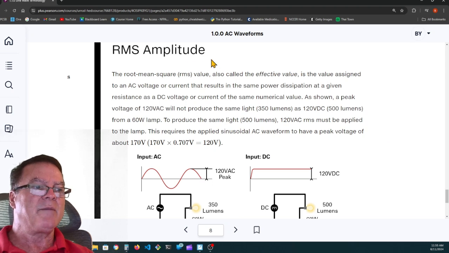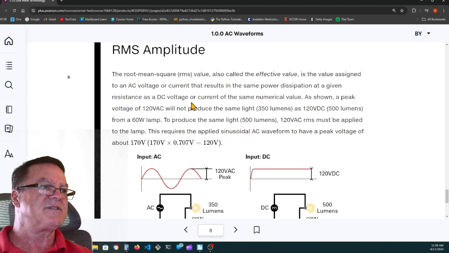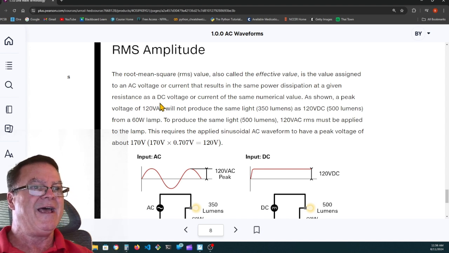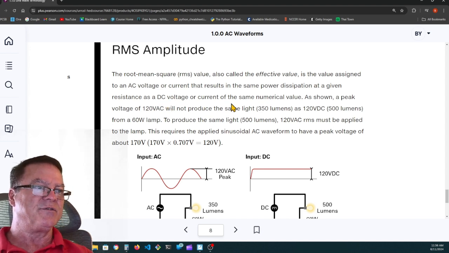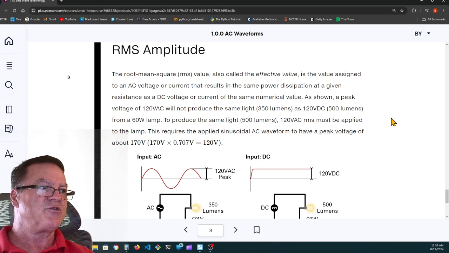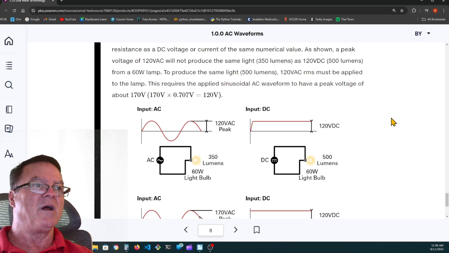Root mean square amplitude. All right. Root mean square value, also called the effective value, is the value assigned to an AC voltage or current that results in the same power distribution or dissipation at a given resistance as DC voltage or current of the same numeric value. As shown, a peak voltage of 120 volts AC will not produce the same light as 120 volts DC from a 60-watt lamp.